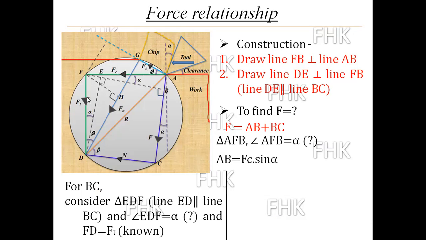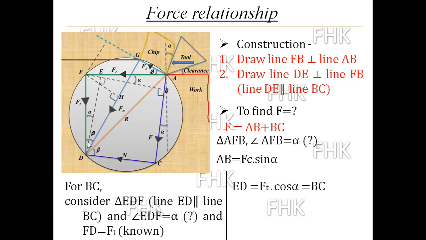FC is perpendicular to FT and FB is perpendicular to ED, so again this angle will be alpha. That's why I'm considering this triangle FED. In that, FT is known here. So this ED will become FT cos alpha.